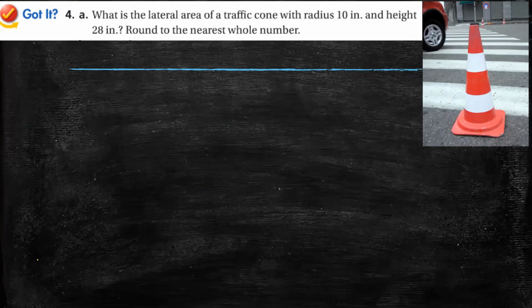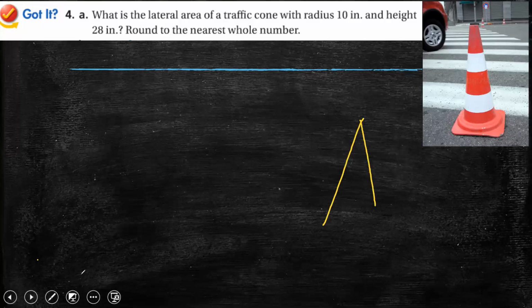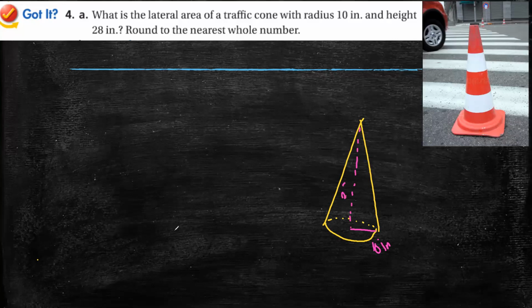So here now we have this cone. Let's draw it here now. I only know that the radius of the traffic cone is 10 inches and the height here is 28.